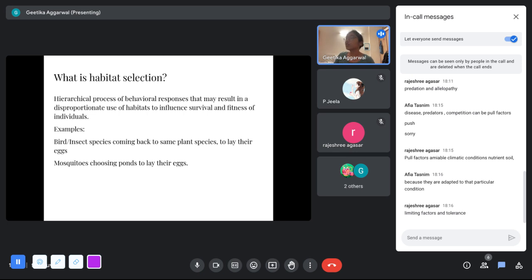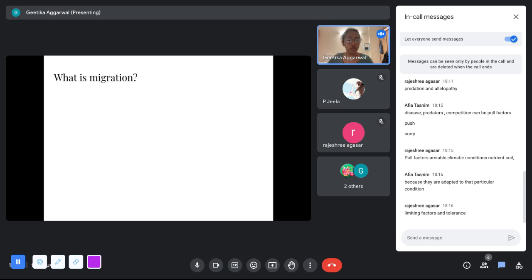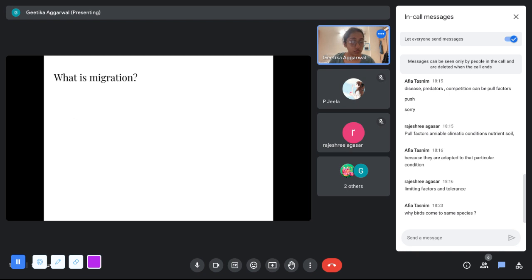Okay, so moving on to what is migration, why birds come to the same species of plants, you're asking. Sometimes some birds have preferences. For example, if you're talking about barbets, do you know about the bird species that are barbets? Okay, yes, you're aware. Barbets, as you would know, prefer to nest in holes of trees, right? And not every tree has these specific holes.